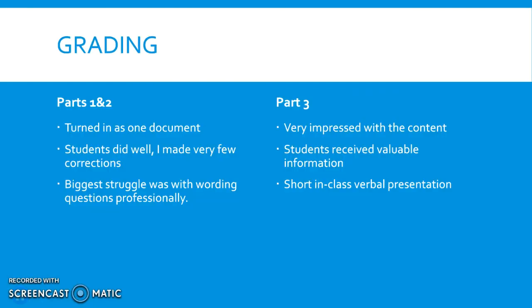And then I used this as well whenever I graded. I would pull this up on one side of the screen and have the students' document on the other. That way I knew I was keeping my point values consistent as I was grading. So that came in very helpful for me as well.